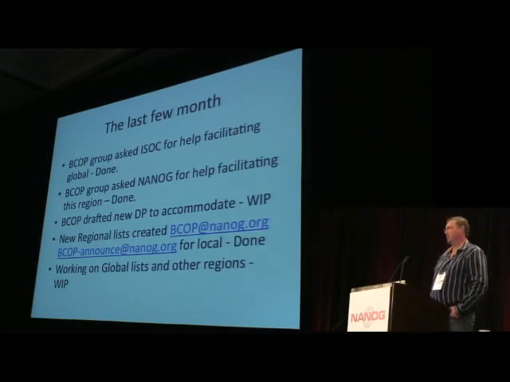All of the lists and facilitating stuff had been living on third-party servers, even some in my house. So we created some new lists. One is bcop@nanog.org, and another is bcop-announce@nanog.org for announcements of documents that are being worked on, which I encourage you to join by just using the subscribe command at those lists, which NANOG has accommodated.